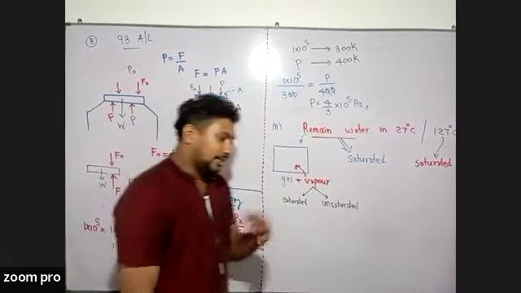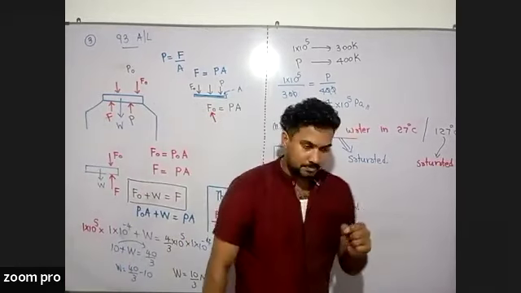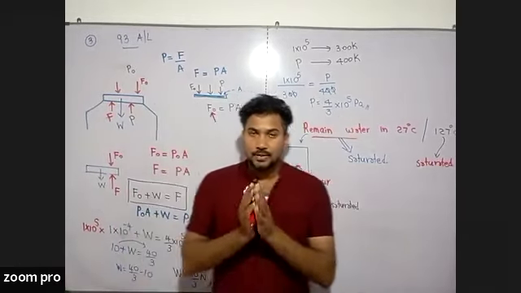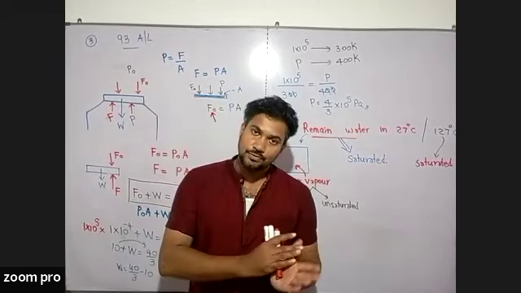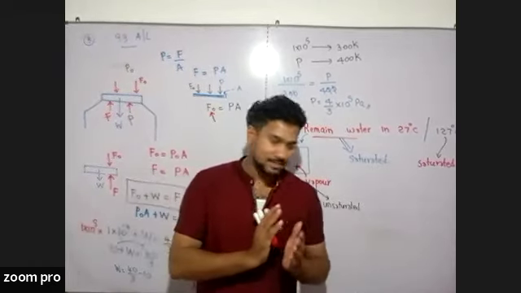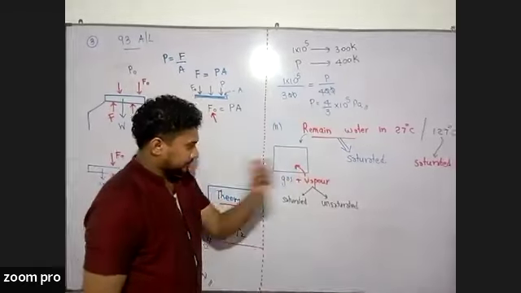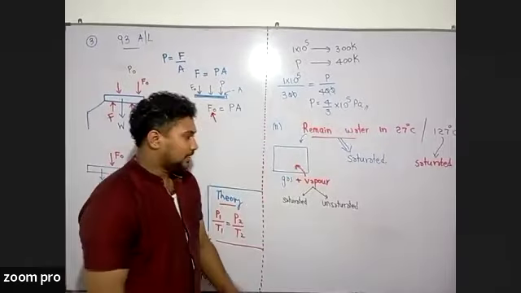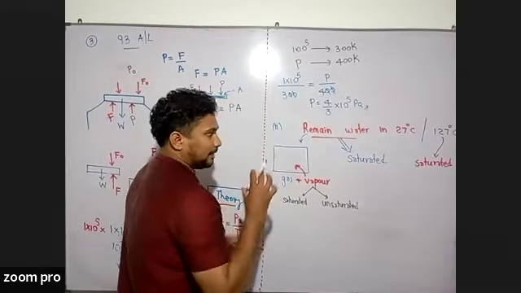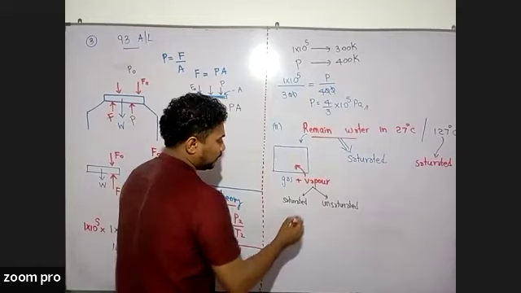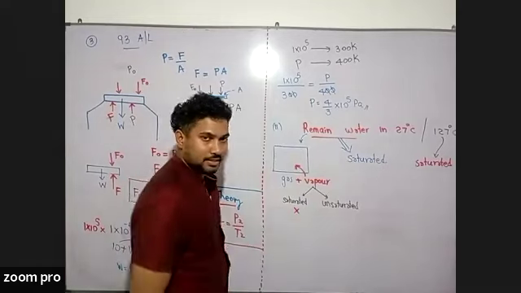Okay. Then the other thing is, you know that we can apply the gaseous law, Boyle's law, for any kind of ideal gas, right? But when we come to the vapors, we can't apply the gaseous law for the saturated vapors, right?